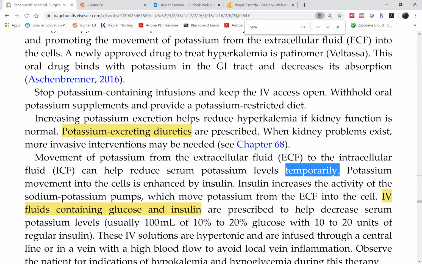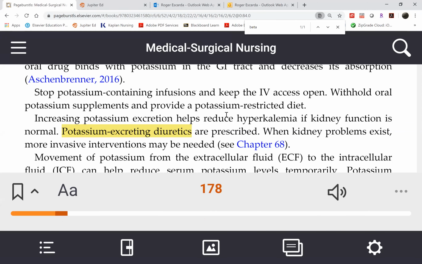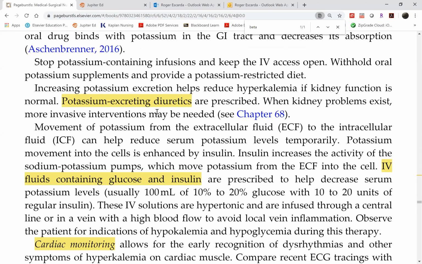After giving that, then you give your diuretics and or your potassium excreting resin, the Kayexalate or sodium polystyrene sulfonate, or this new drug Patiromer. They do not work right away, but at least you have them on board. So by the time insulin wears off, the potassium excreting diuretic or the resin is already working.